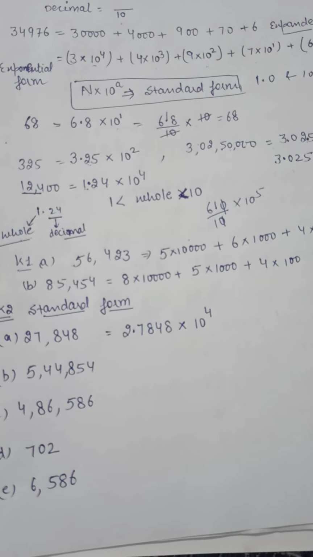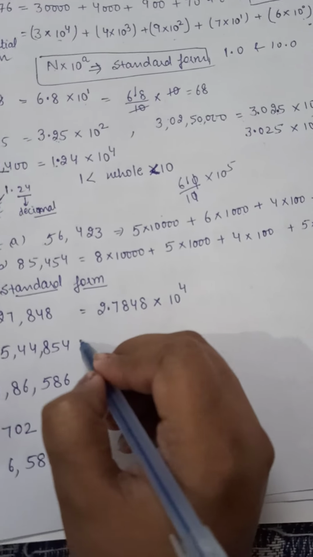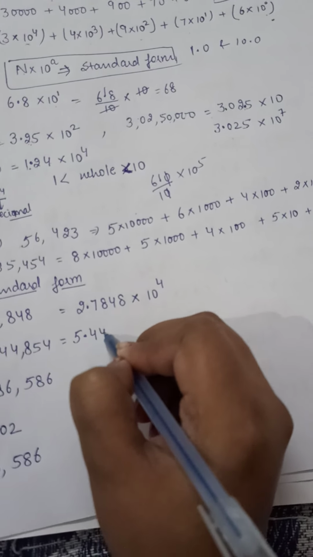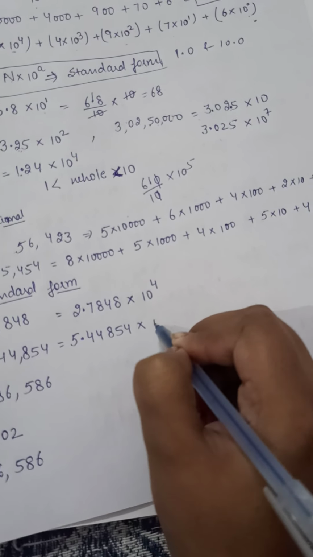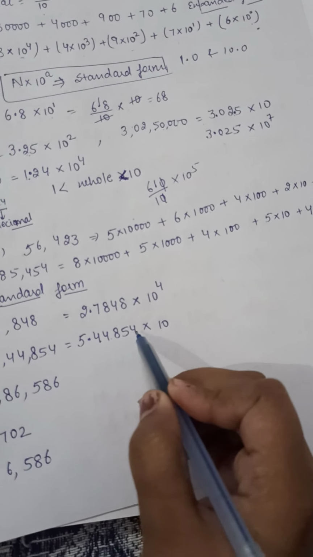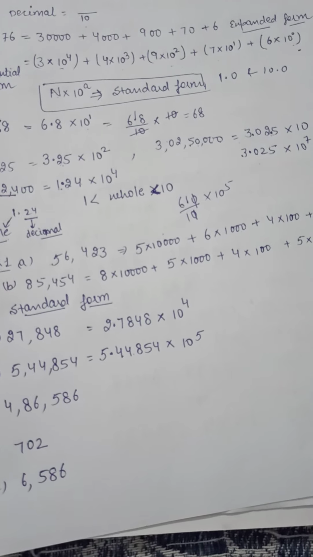Now come to the next one, that is 5 decimal 44854, multiply 10 to the power 1 2 3 4 5, right? 10 to the power 5.